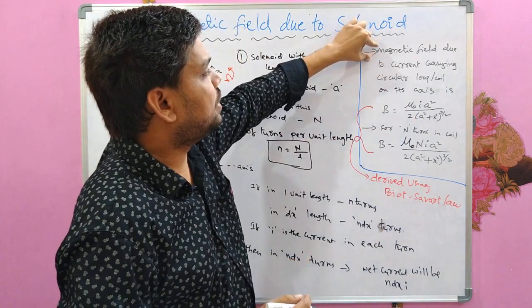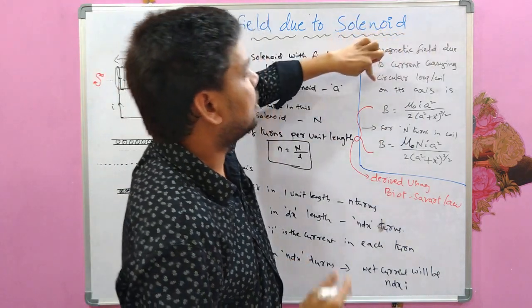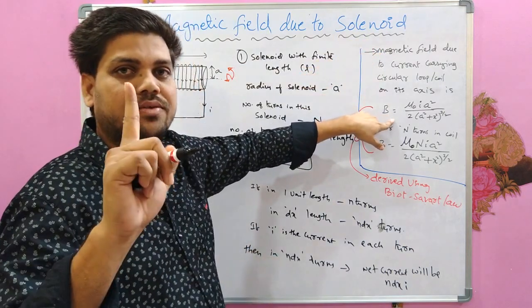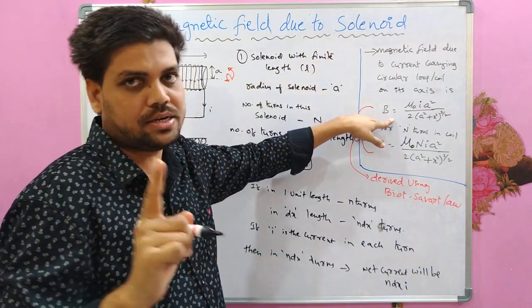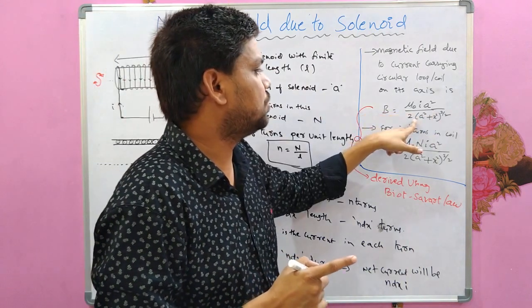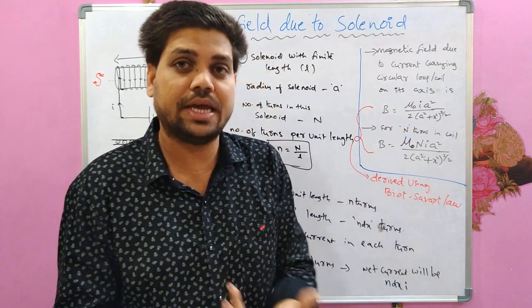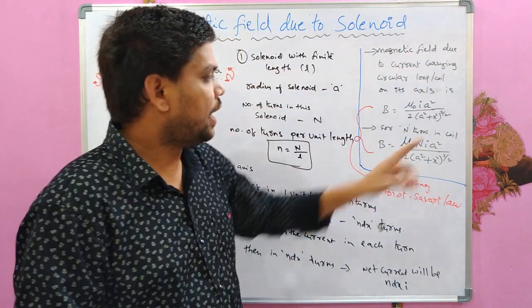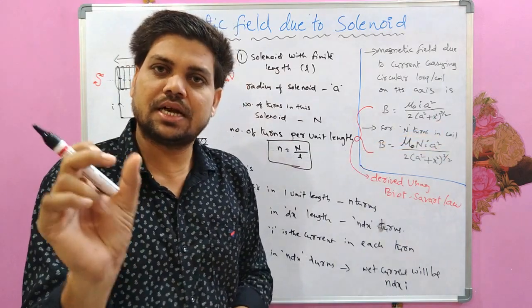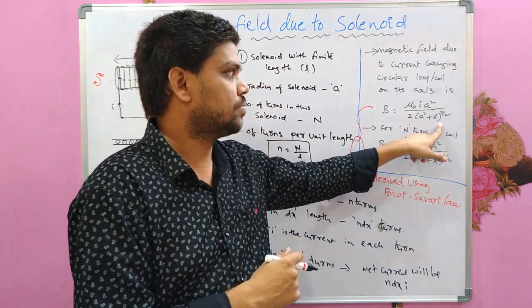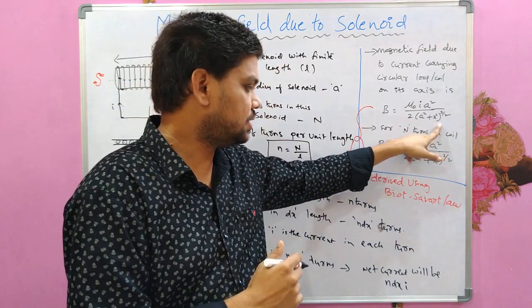The magnetic field due to a current carrying circular coil on its axis, if there is only one turn, is mu naught I a square by 2 into a square plus x square, where a is the radius of that coil or loop and x is the distance of that point from the center of the loop.